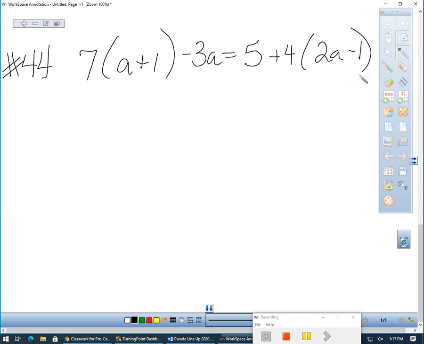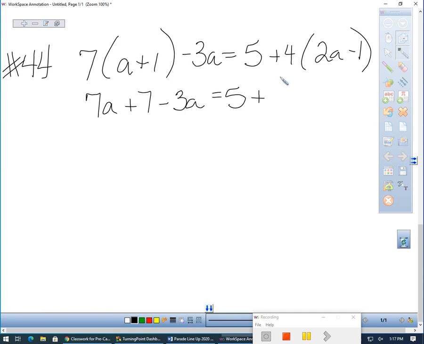What do we have to do first, you guys? Good, we got to distribute. 7 times a is 7a. 7 times 1 is 7. We're to the end of the parenthesis. We're done distributing. Bring down the negative 3a equals 5 plus.